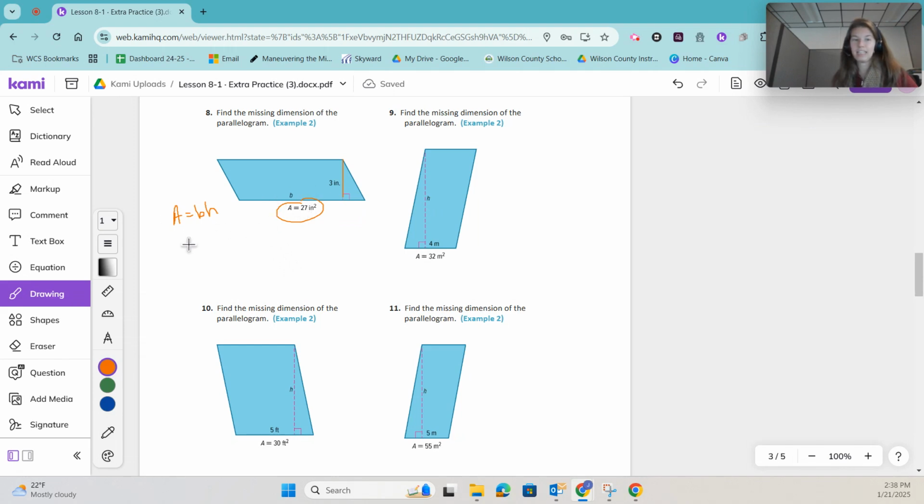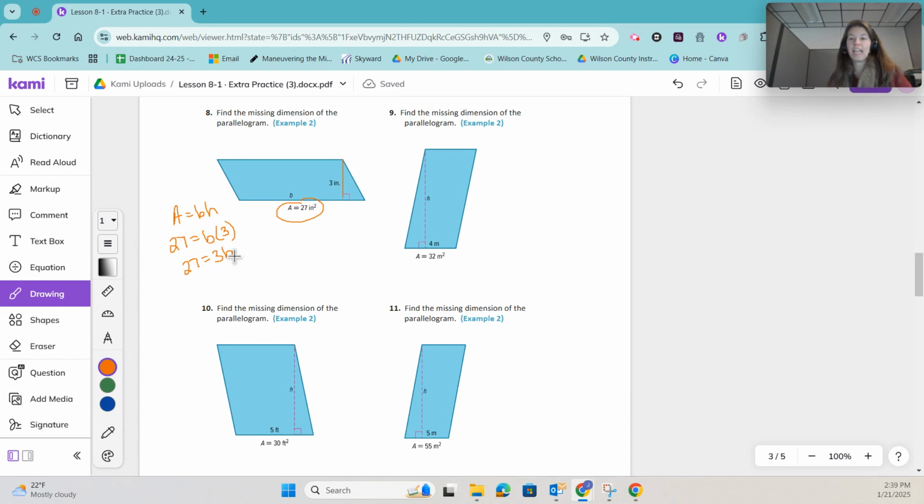A is 27, so 27 equals base we don't know, so it stays a b. Height is 3. So we substitute that in. Now I could also rewrite this as 27 equals 3b because the order of your multiplication doesn't matter here.